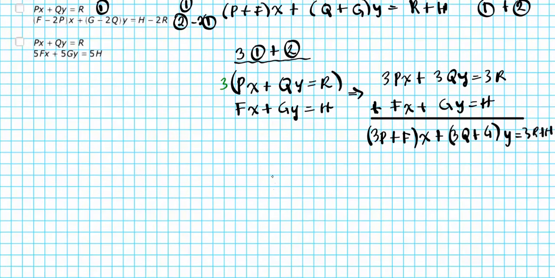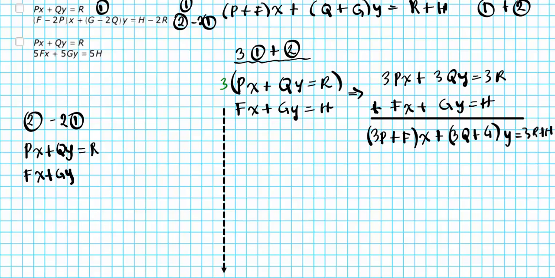Okay, so what are we doing here? Let me divvy up my work so everything can be seen. What are we trying to test here? Equation 2 minus double equation 1. All right, so the original system is px plus qy equals r, and then fx plus gy equals h.